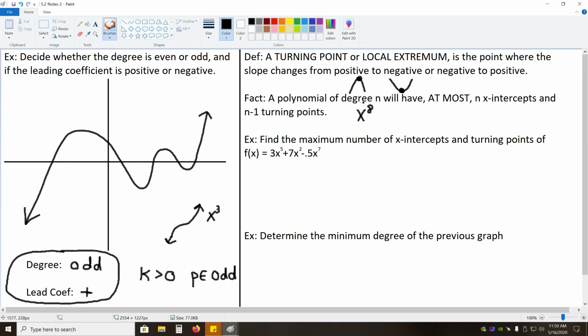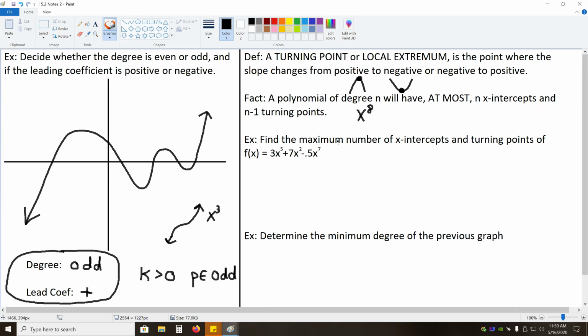So the polynomial has at most 8 x-intercepts and 7 turning points. You take your degree to find the number of possible x-intercepts. It's not saying exactly, it's just saying at most there will be 8. There could be 6 or 4 and so on, and we'll talk about that in a later section. And the number of turning points will always be at most 1 less than the degree, so 7 in this case.